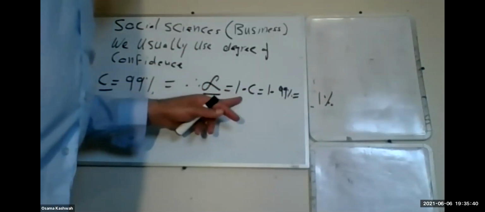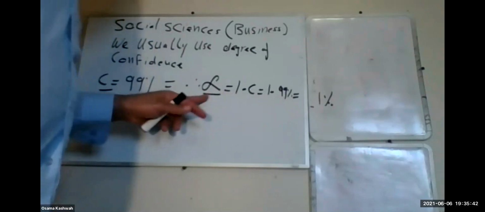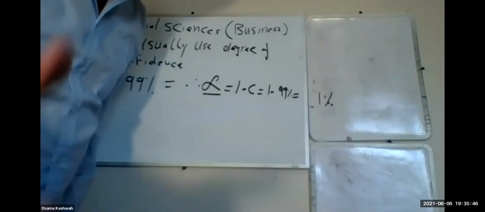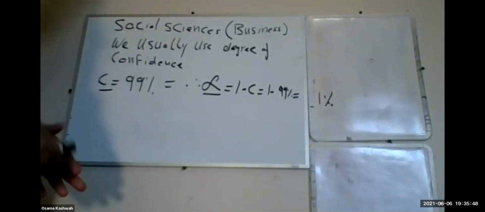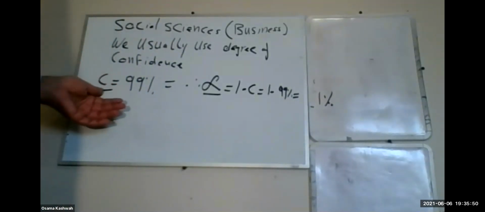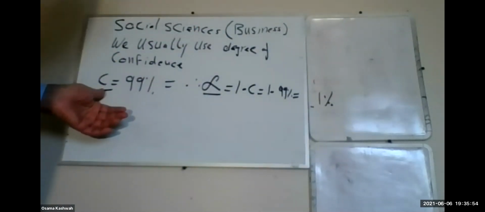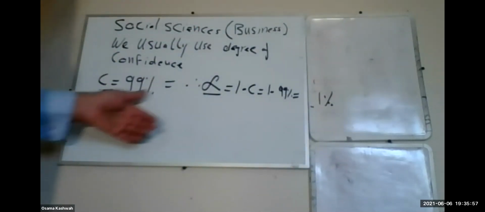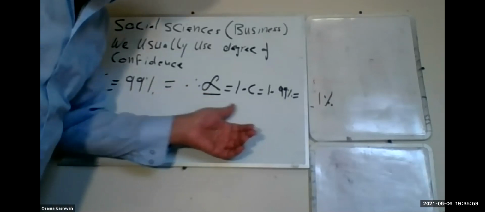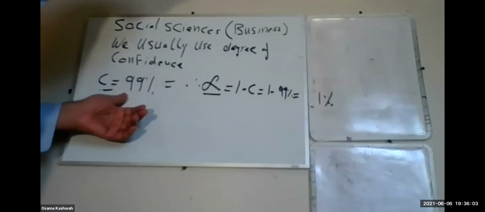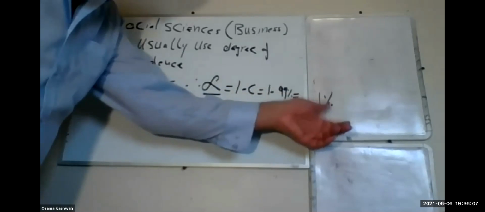And they are not sure with the rest, which is the alpha, about 1%. As another example, if I tell you I'm coming to see you today, 99%, I'm sure 99%, then I'm not sure for 1%.